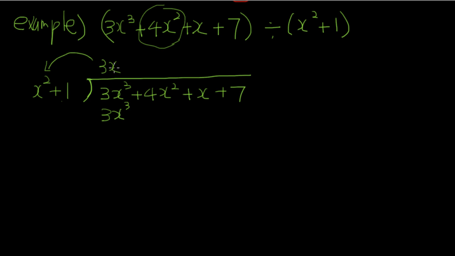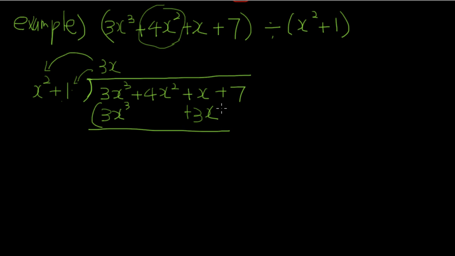Now 3x is going to multiply to 1, but notice that I'm not going to put it right underneath of this, because when you multiply this to here, that would be 3x, not squared, 3x. So I'm going to put the result, 3x, right underneath, the same x term. So 3x is going to go there, right?